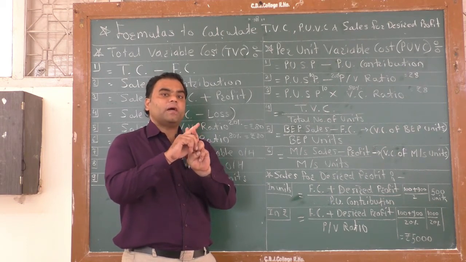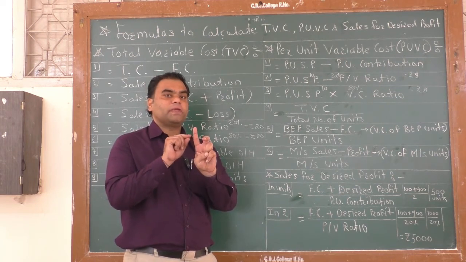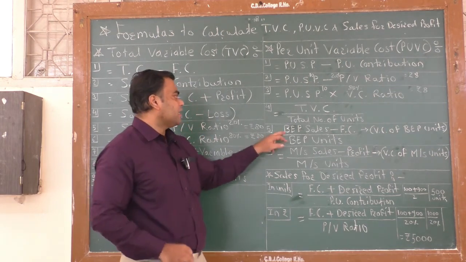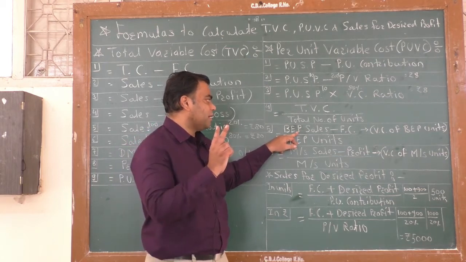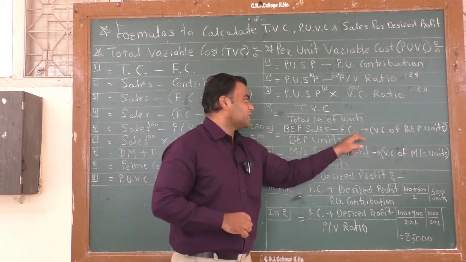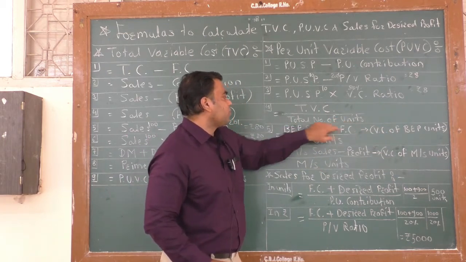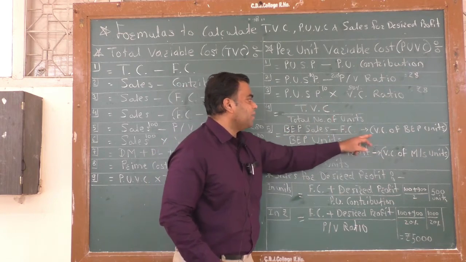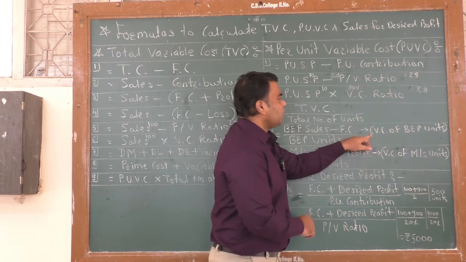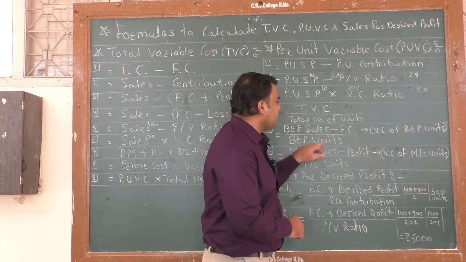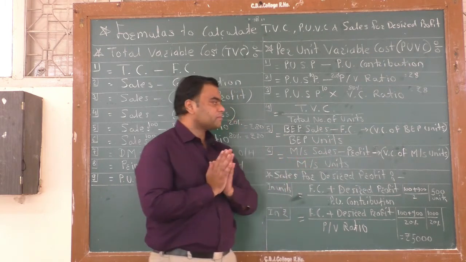So if you deduct the amount of fixed cost from BEP sales, what will remain? Variable cost of BEP units will remain. So variable cost of BEP units divided by BEP units is equal to per unit variable cost.